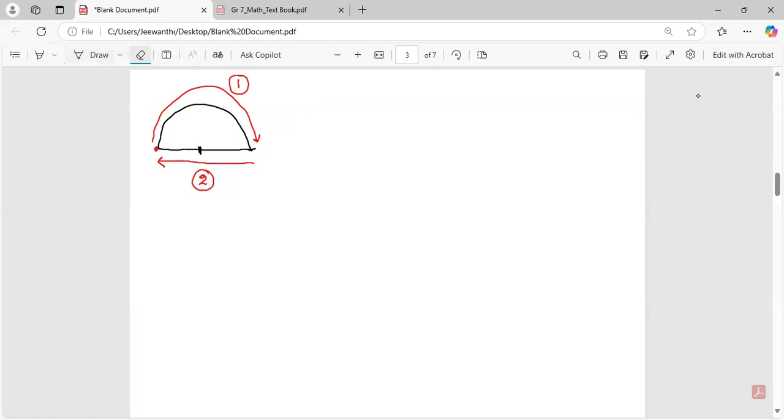Now, to calculate the perimeter, I write the perimeter of this half circle is equal to length 1 plus length 2. What is length 1? It is the semicircle arc length.